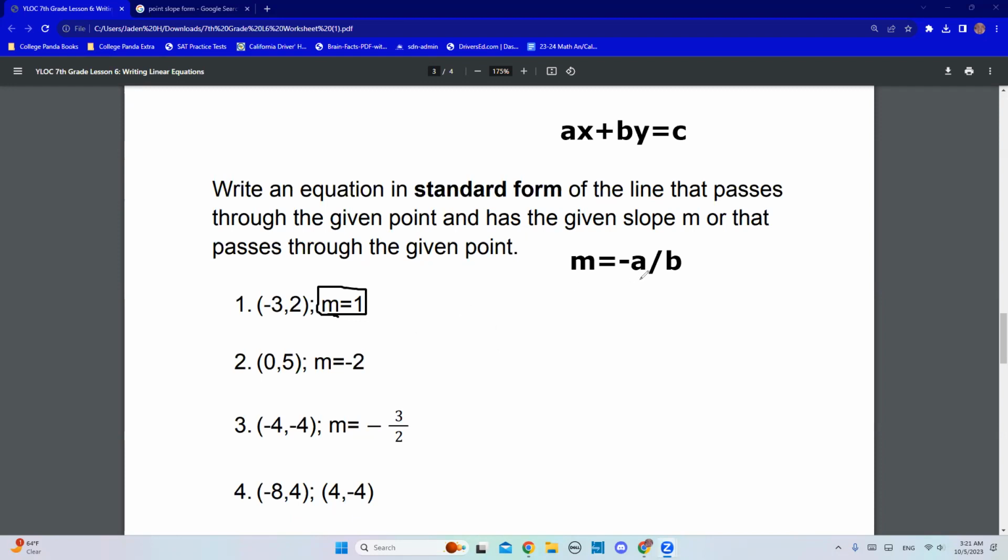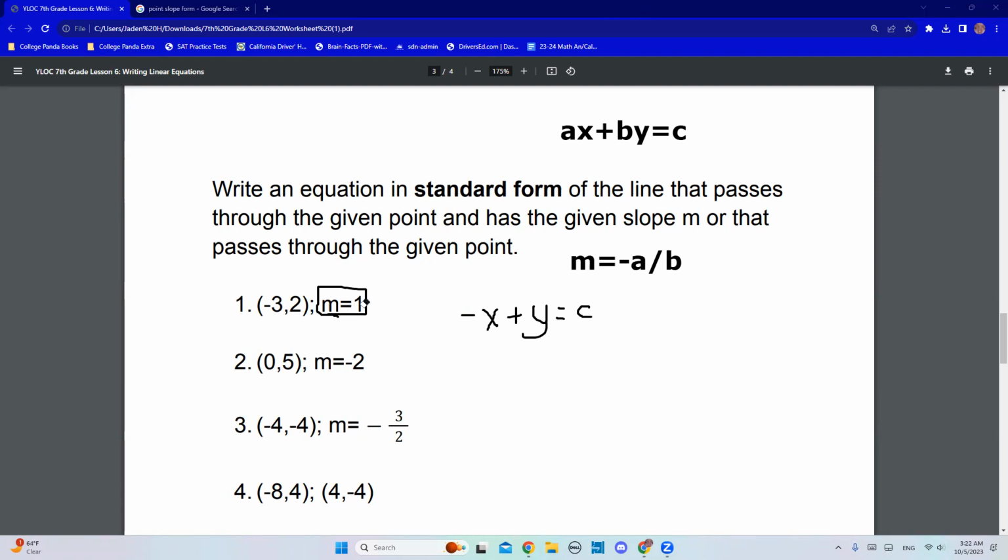But then one of them, a, would have to be negative. So it would be negative x plus y equals c, because when you find the slope, you plug in a negative for a. So if m is positive, then there would have to be a double negative so that it cancels out the negative.